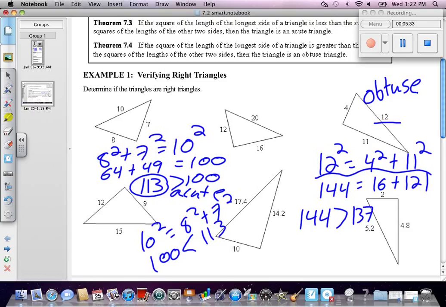Okay, this one, what you have to look at is where the hypotenuse is. So if the hypotenuse is less than the sum, it's acute. Which one's the hypotenuse? 144 and 137. This is the hypotenuse. So the hypotenuse is greater than the sum, so we know that it is obtuse.